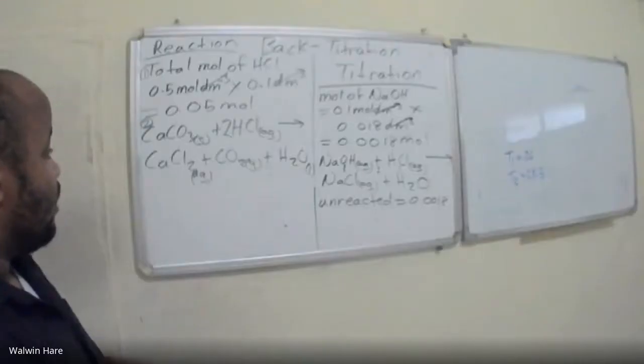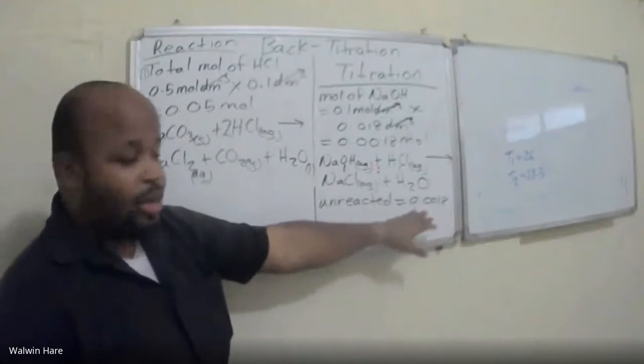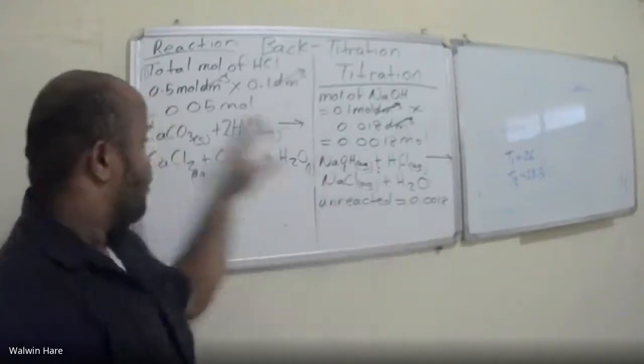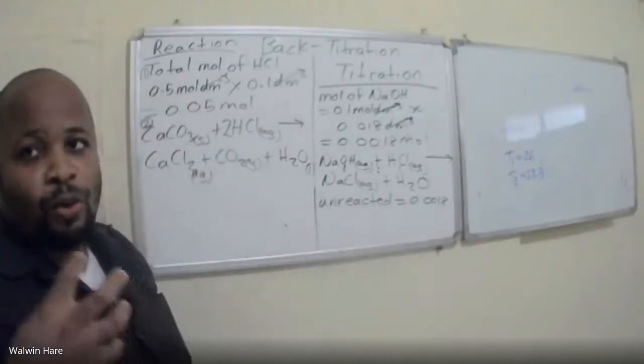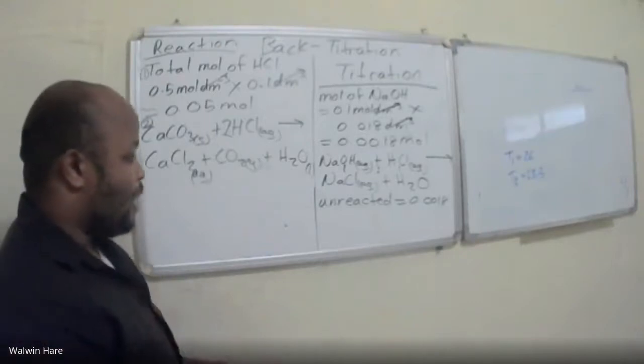Total minus the unreacted. Right. So we know the total amount and we know how much did not react. So we just subtract this from the total and we know how many moles of HCl actually reacted.